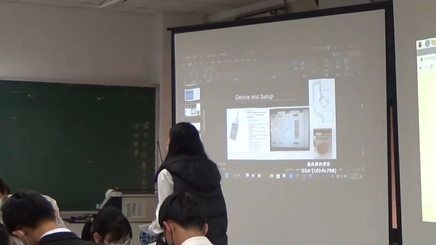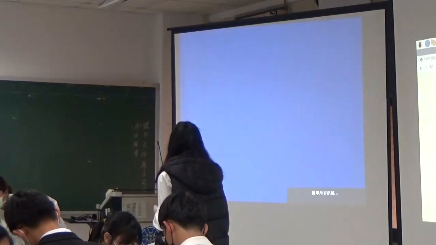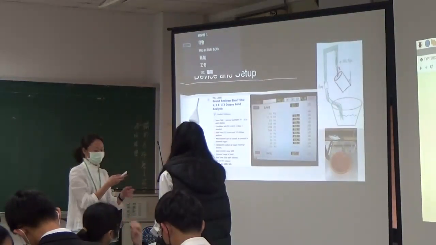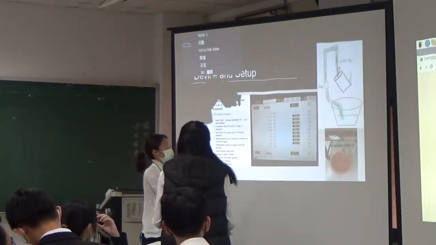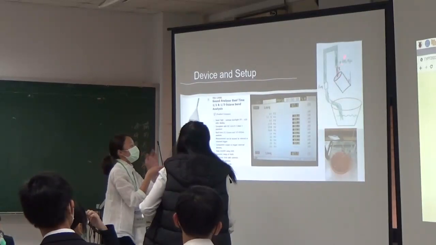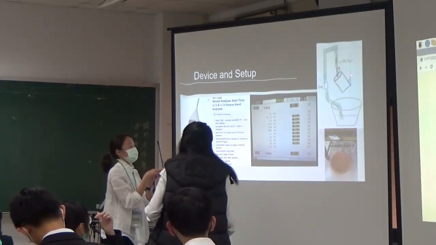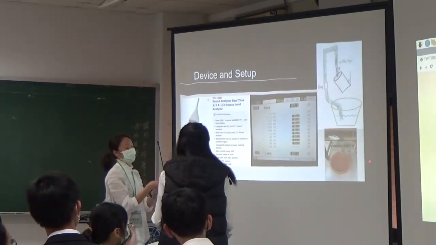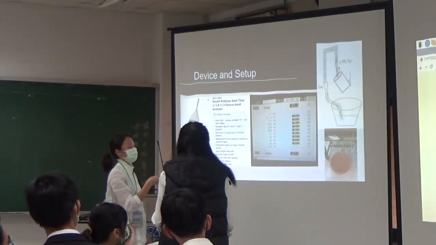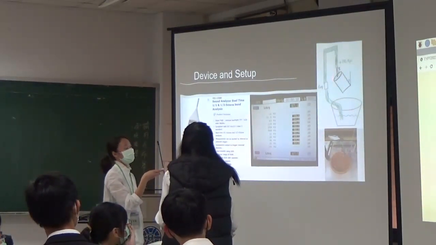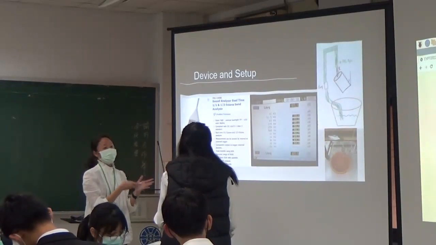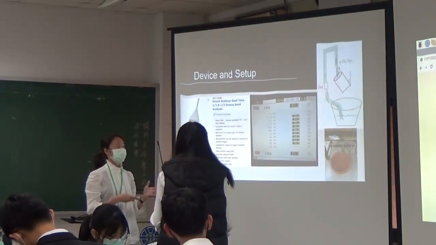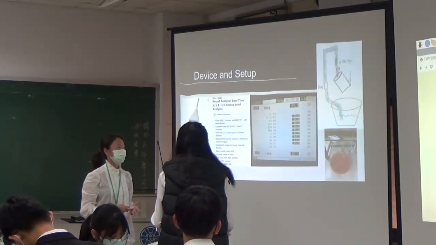And how did y'all keep your flow steady? Okay, so here is the mesh, and the angle is here. We use the vertical line compared to the ground, so the angle can be calculated, and we use the protractor to measure the angle.